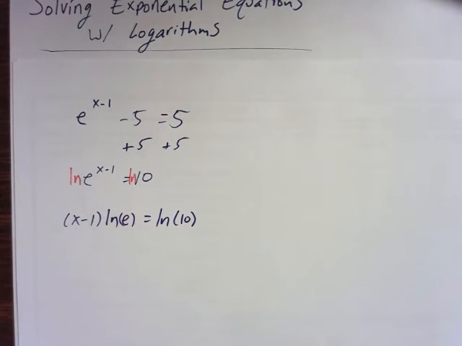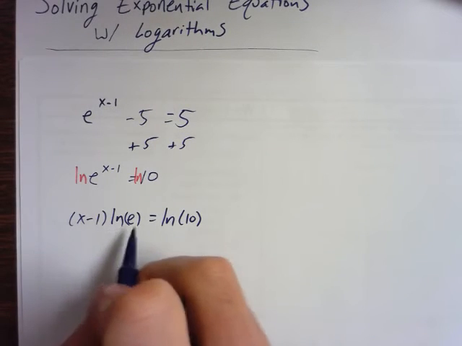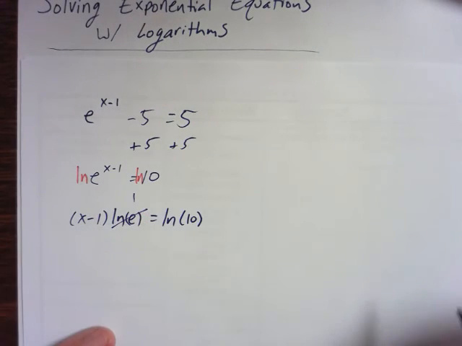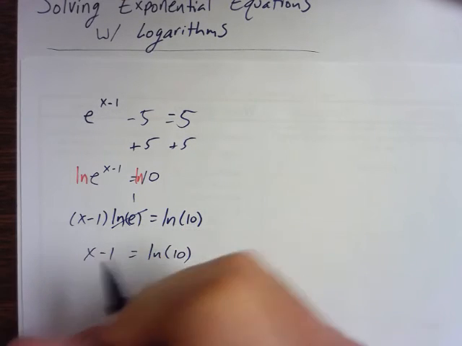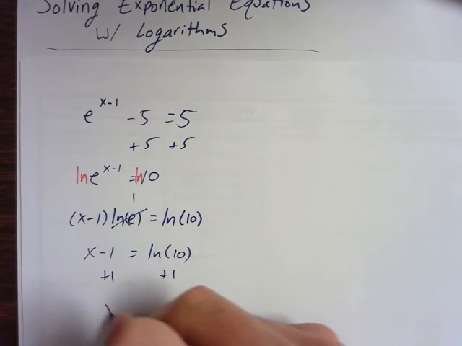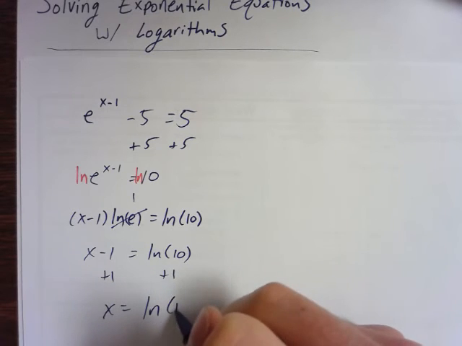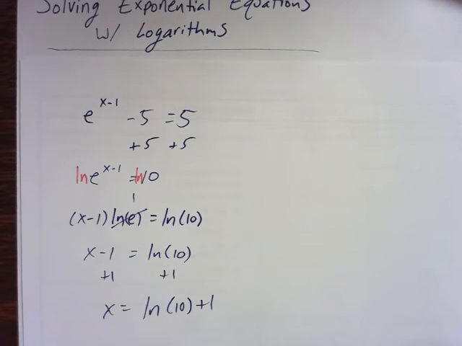And this is basically like setting my base to something other than 10, like we did with the 9 before. Okay, but this time ln of e, that cancels out. That's just 1. And so I have x minus 1 equals ln of 10. Add 1 to both sides, and I get x equals ln of 10 plus 1.